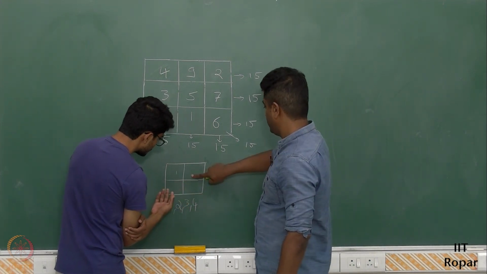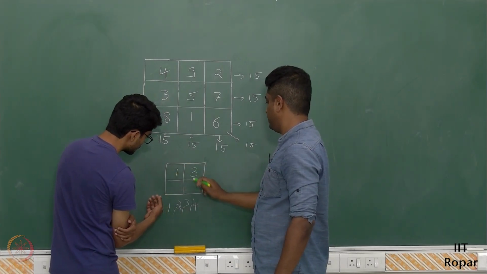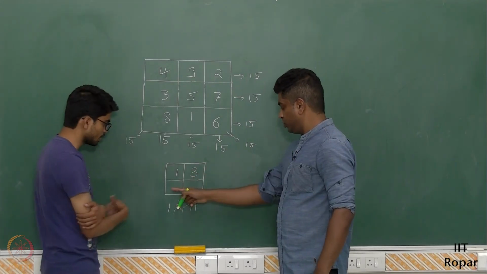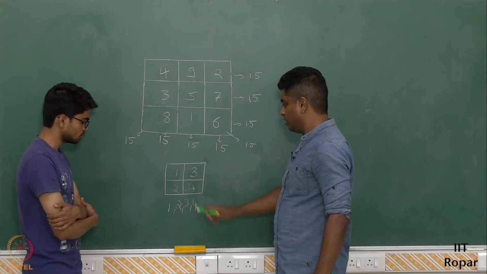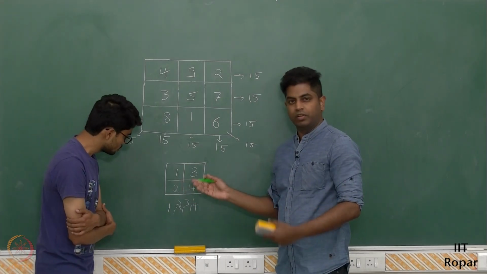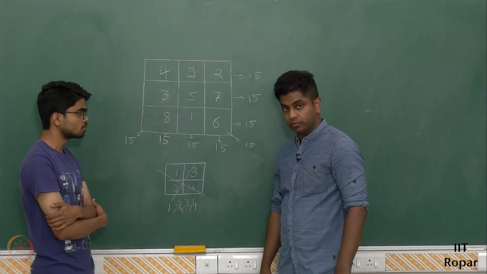Yeah, exactly. Let me write it in bold. So you say 1 here and a 3 here, sum should be 4. Exactly. This should also be 4, but you will have 2 and 4 left, this becomes 6. You can try all possibilities, you will observe that it's impossible to do it in 2x2.